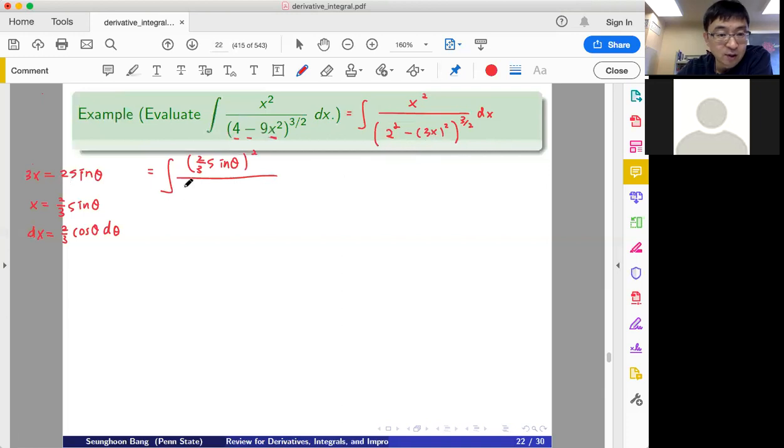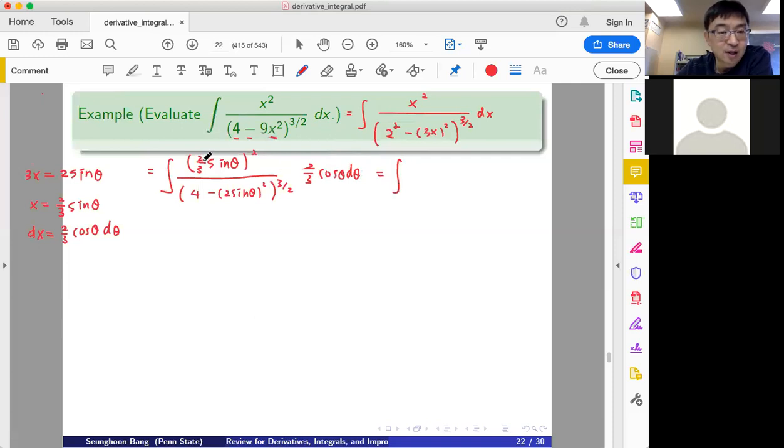So we have 2 squared, which is 4, minus 2 sine theta squared, to the power 3/2. What's dx? dx is 2/3 cosine theta d theta. So 2/3 cosine theta d theta equals.